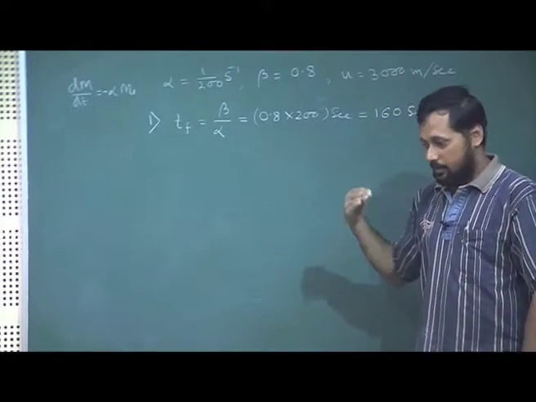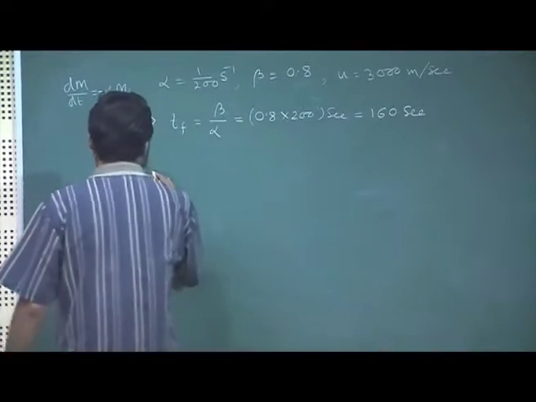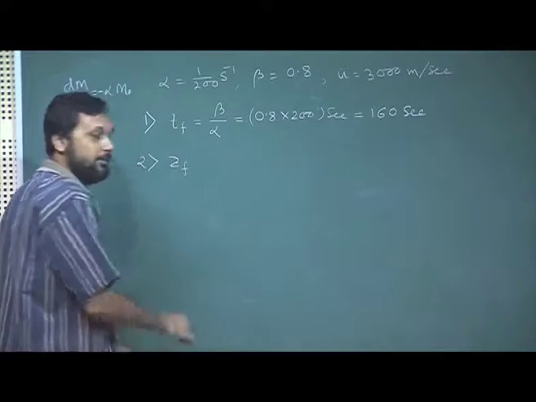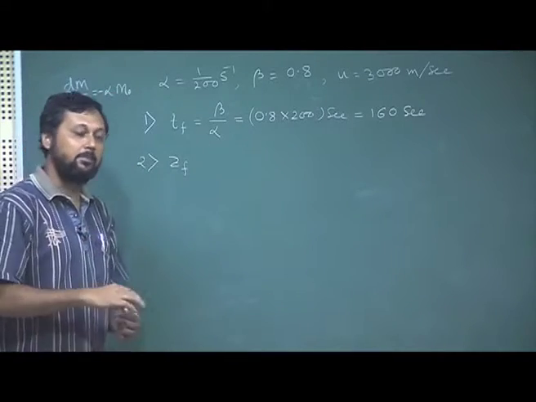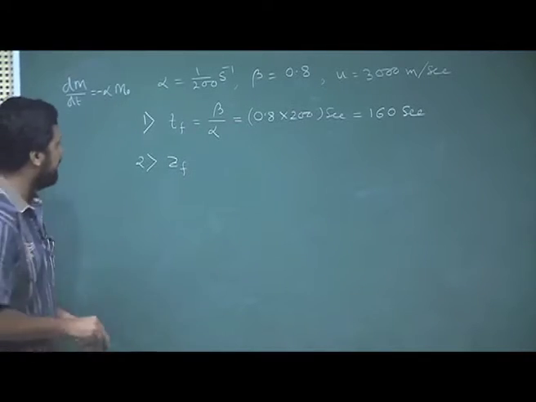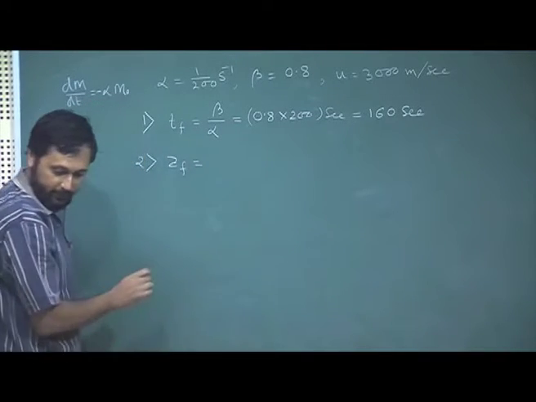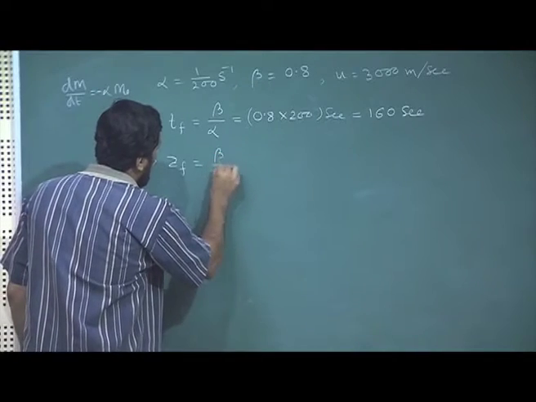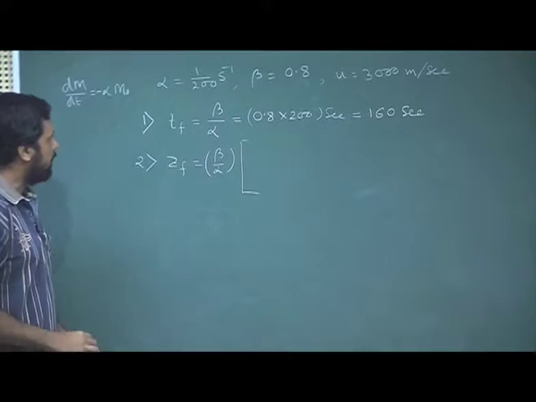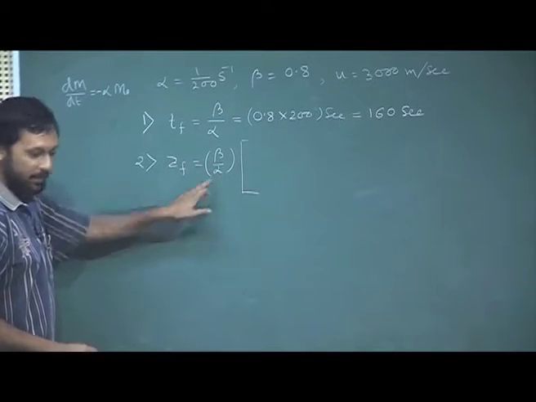Okay. Now, the next quantity we have to calculate is Zf, the maximum height it can achieve. Now, in order to do that, we recall that the expression for Zf is beta by alpha times, okay, beta by alpha happens to be exactly equal to Tf.